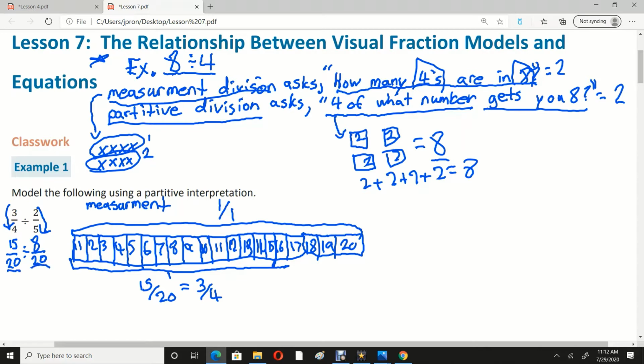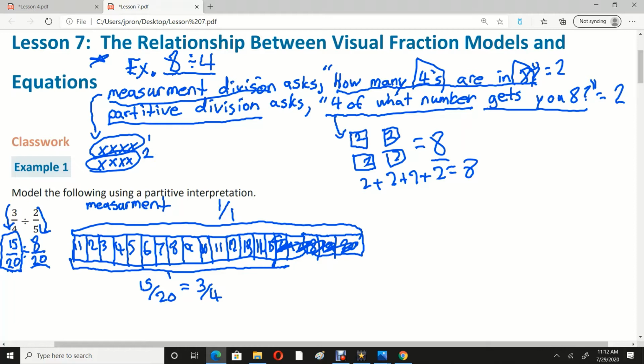So I got common denominators, so I illustrated that I had 1 whole right here, which was broken up into 20 parts, but I only need my dividend, which is 15/20. So we're going to scratch all the rest of this out, but we need to remember that it's only a fraction of a whole that we're dealing with.